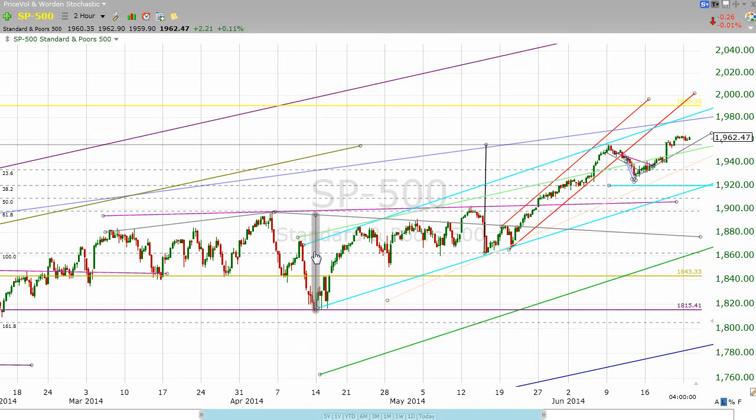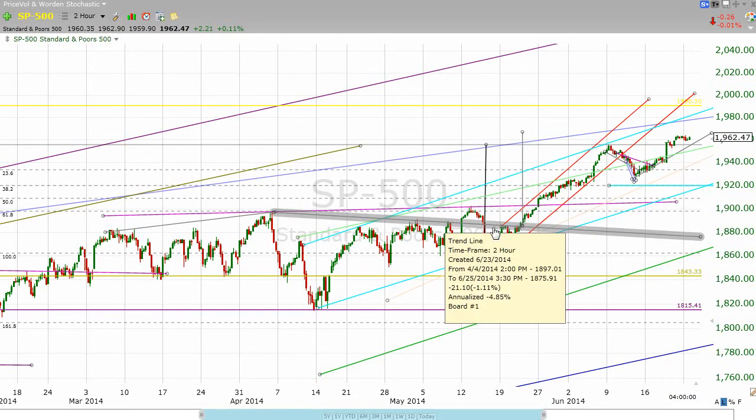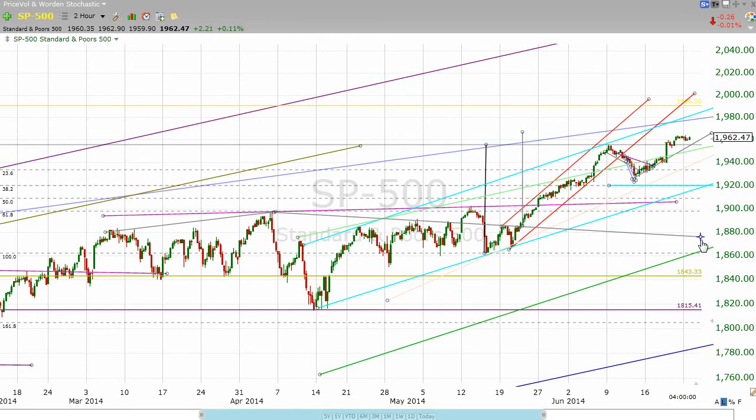And it's important to note that because this line is sloping down a little bit, our target is not only a little shorter in measurement, but it's also a little shorter in where it projects to.